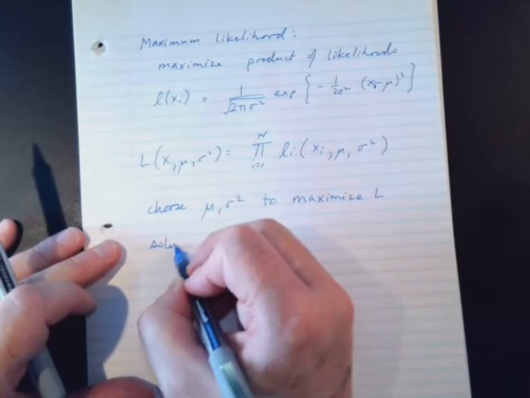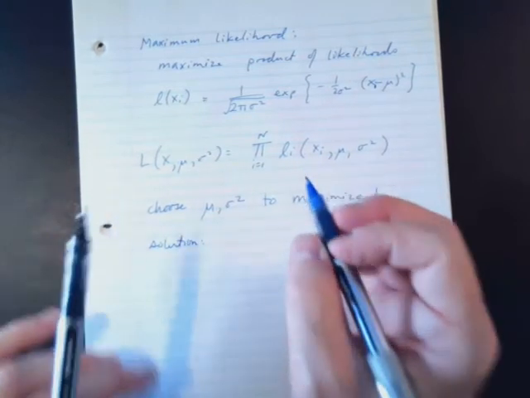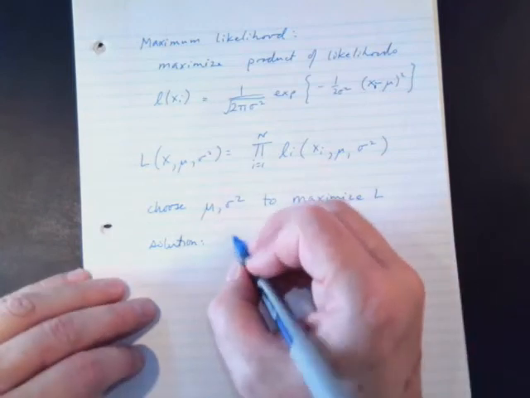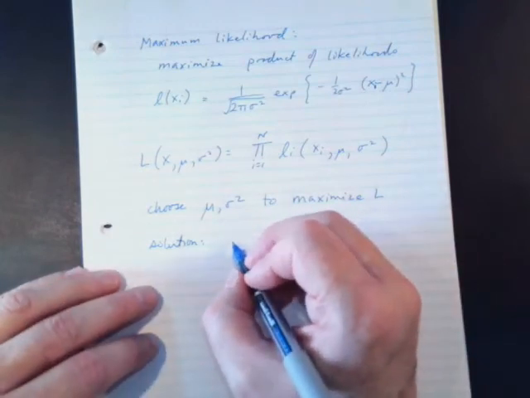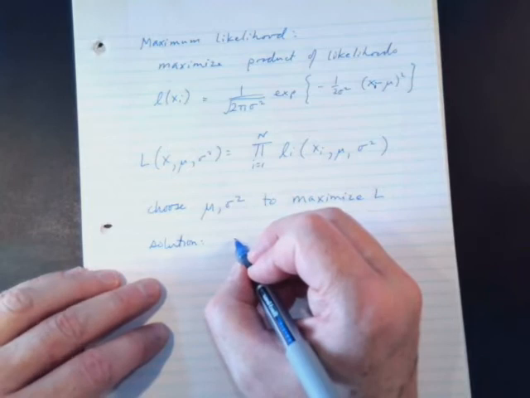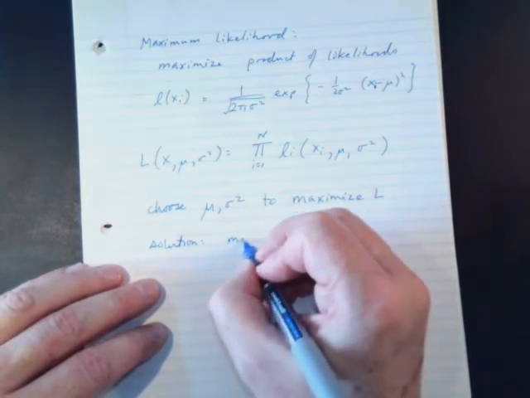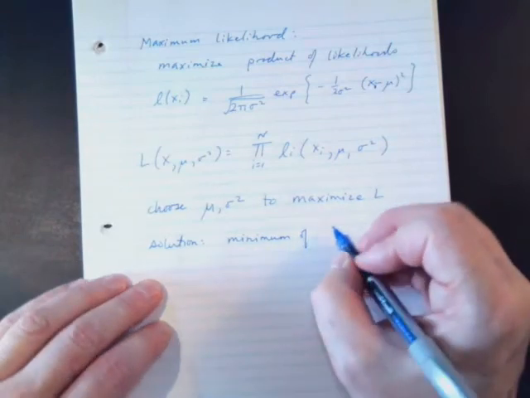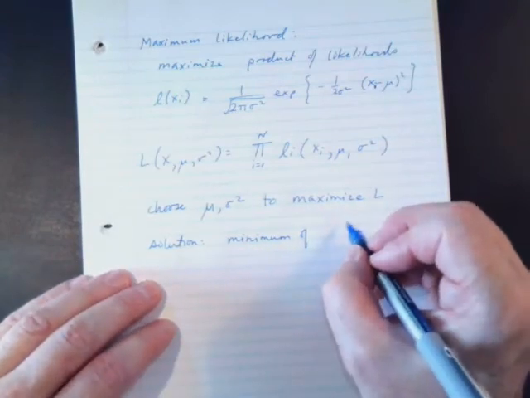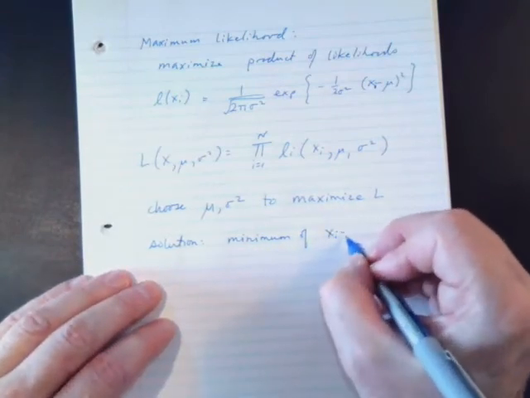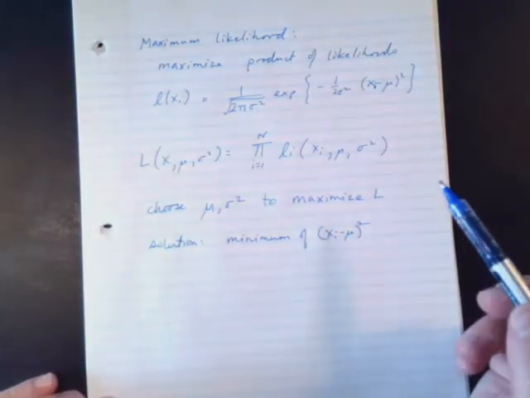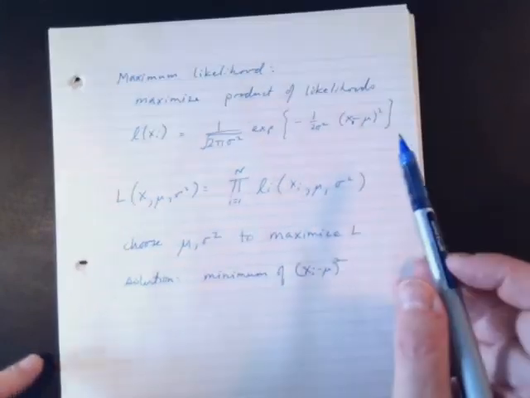So the solution ends up being the minimum of the sum of xi minus mu squared. Now, why is that?